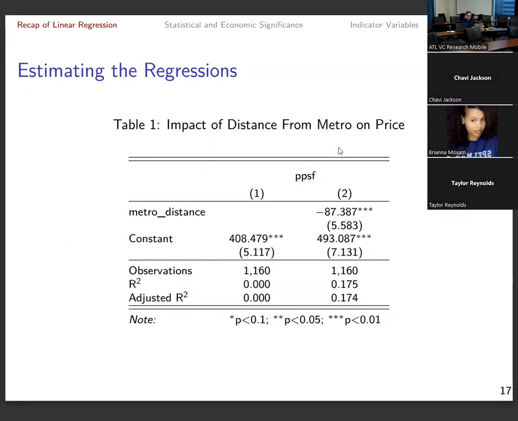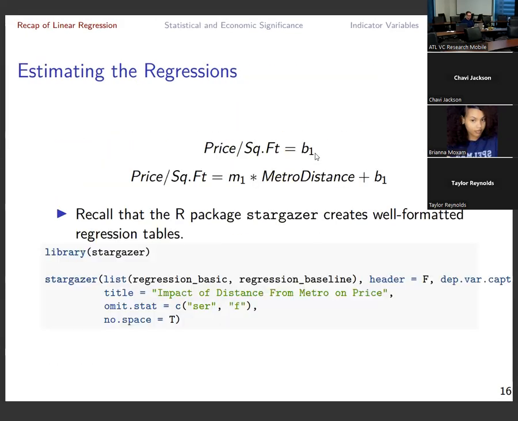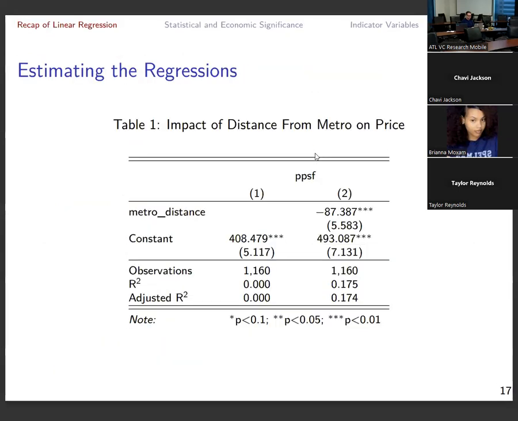All right, so let's come back to the results from the regression. We talked about these numbers in the parentheses last week, and those are the standard errors that show you how precisely the coefficient is being estimated.